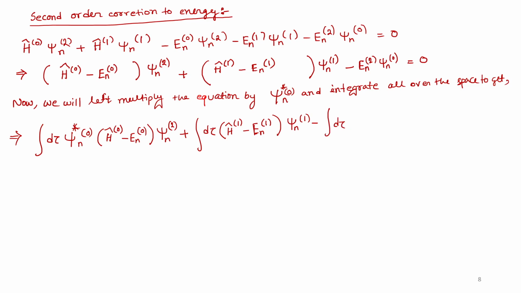So I have missed something here. So d tau psi n star 0th, psi n 0th star.